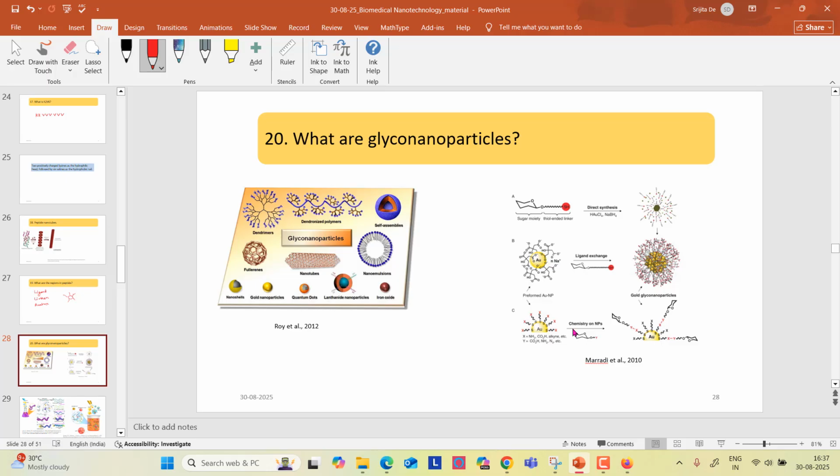So it has a core of nanoparticle, any kind of nanoparticle it may be.